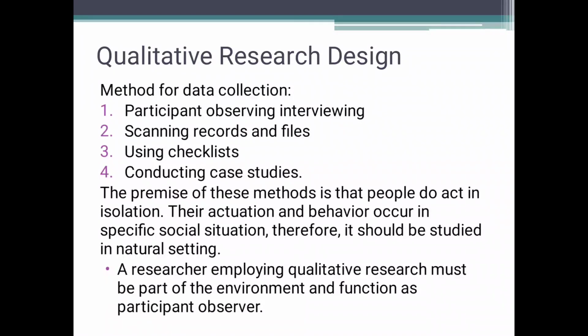Okay? So, ano halimbawa nito? Kung kayo ay mag-undergo ng quali, kunyari, pupuntahan nyo ang IP group or Indigenous Peoples Group, tapos, magiging part kayo ng grupo nila para maipakita nila sa inyo ang pinaka-characteristic na gusto nyong makita.